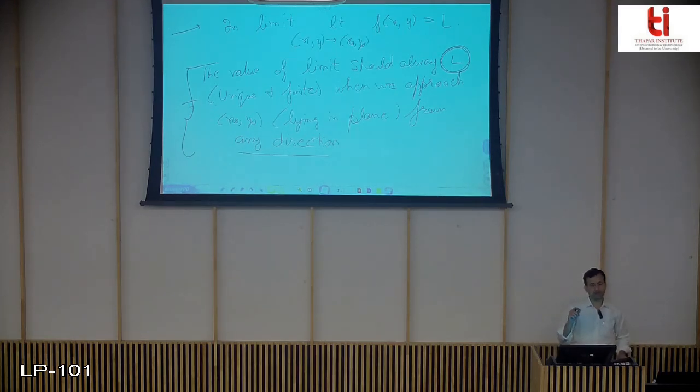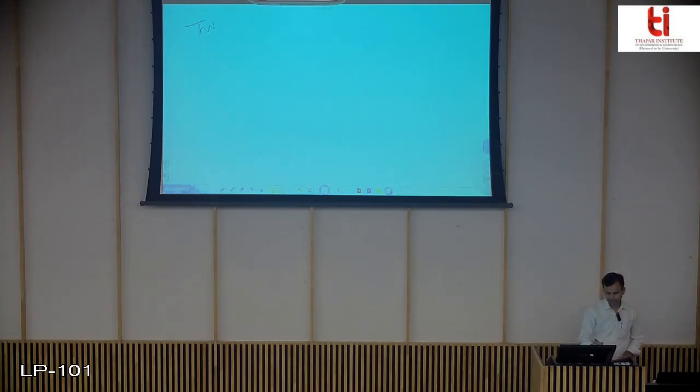But now in the two-path test, he is using the same thing to show non-existence. How? Two-path test for non-existence of limits.